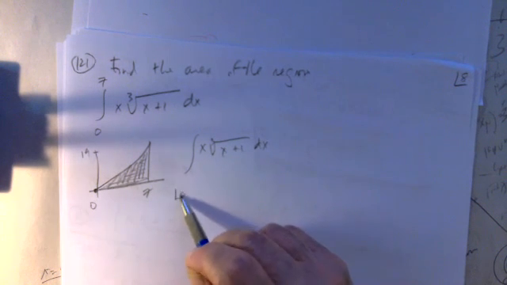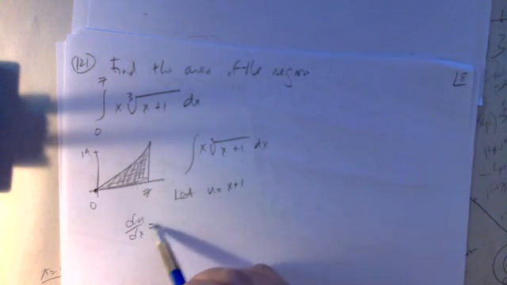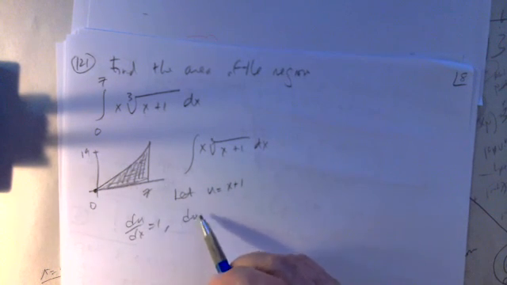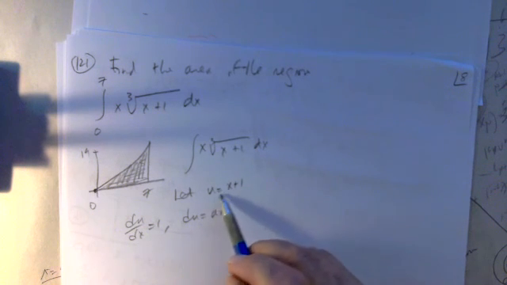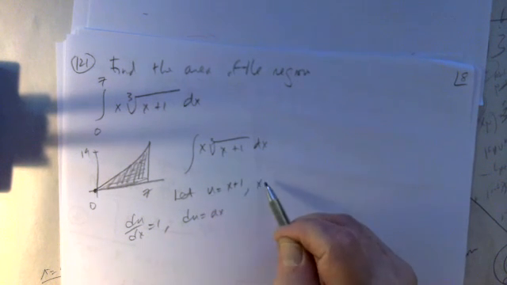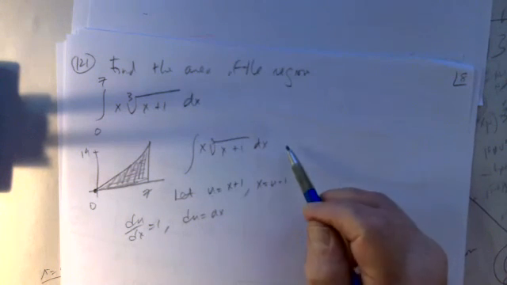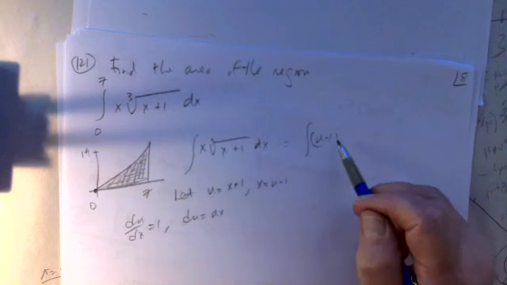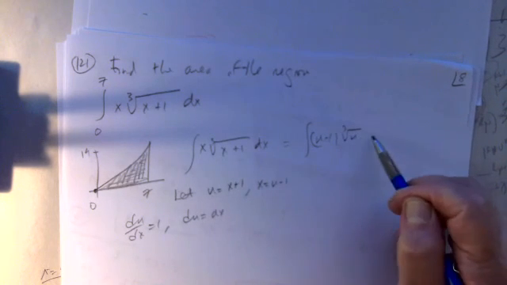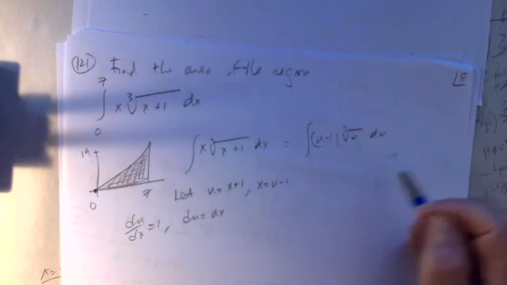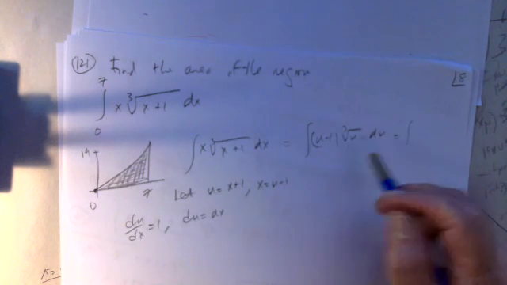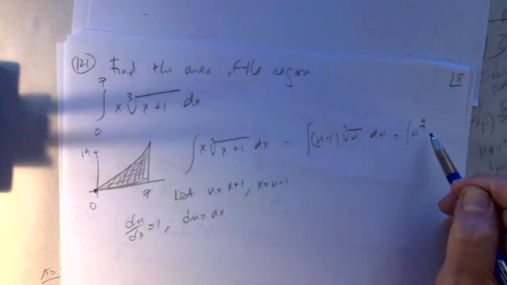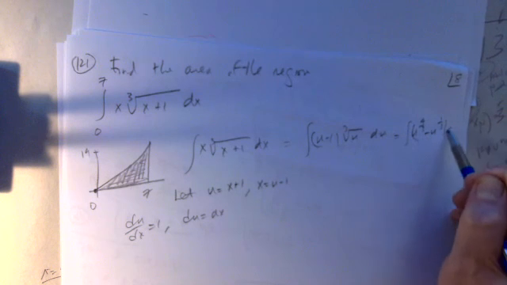To do that, we might use the same method we just used, substituting u equals x plus 1. So du/dx equals 1, so du equals dx. And if u is x plus 1, x is u minus 1. So this is the integral of (u minus 1) times u to the 1/3 du, which is u to the 4/3 minus u to the 1/3 du.